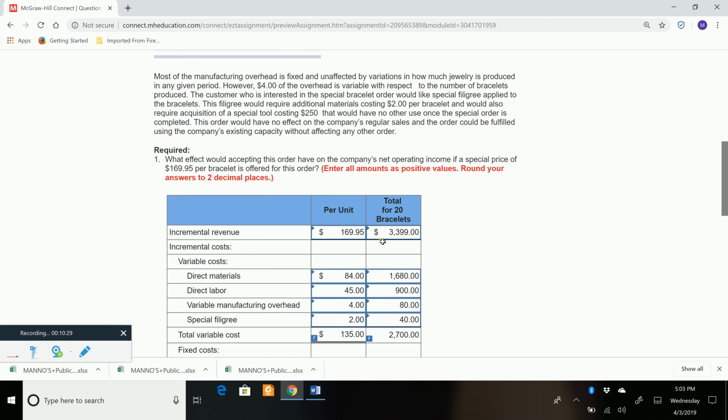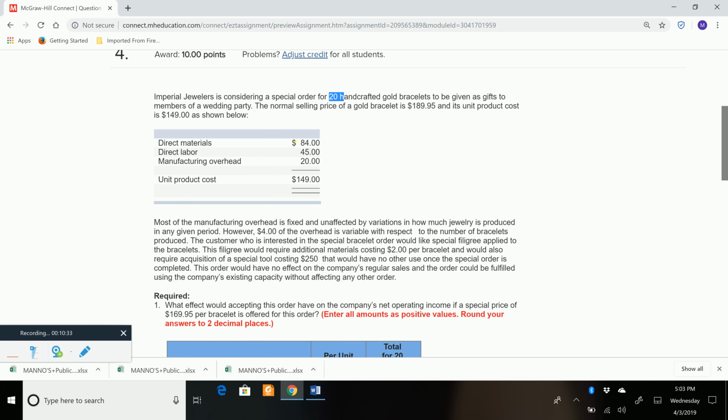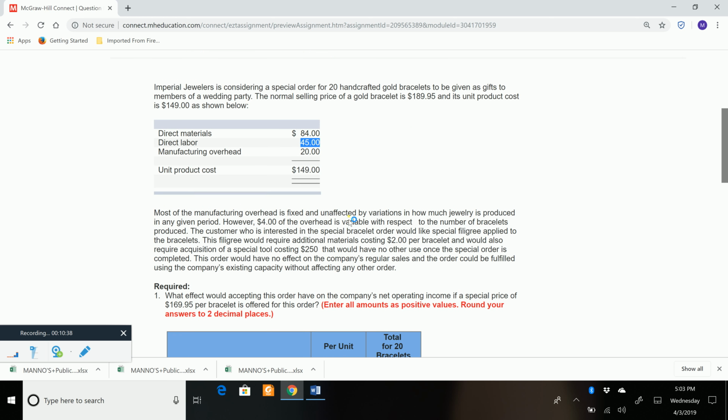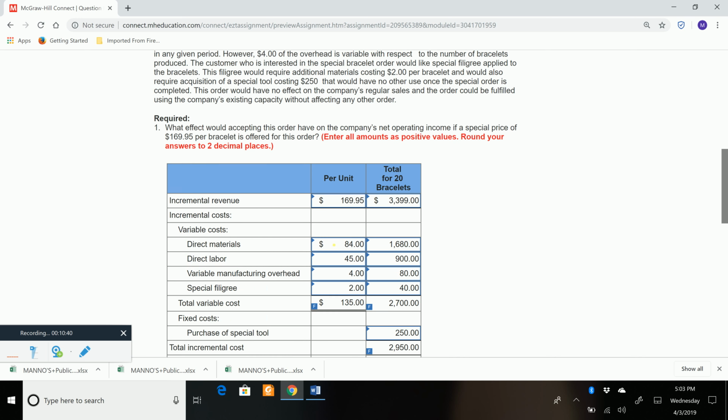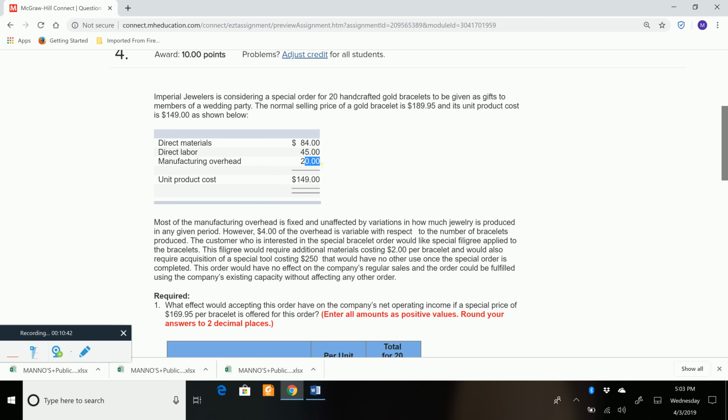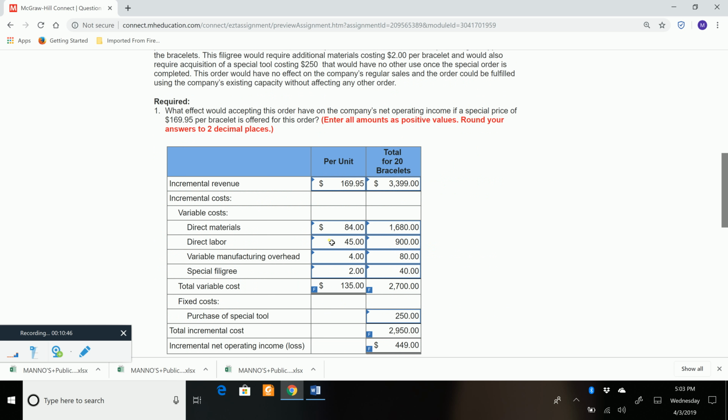If we accept this order, we'd get additional revenue of $3,399. Now, we'd still have to pay the $84 in materials. We'd still have to pay $45 in labor. Okay, but out of the $20 overhead, like we said, most of it was fixed, but only $4 of it was variable. So we'd only consider $4.